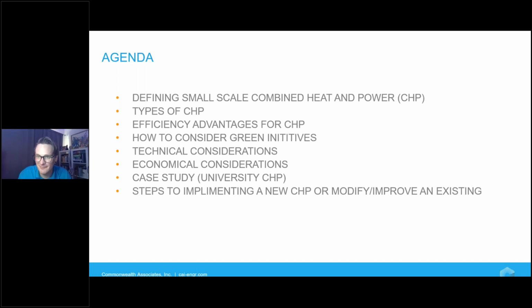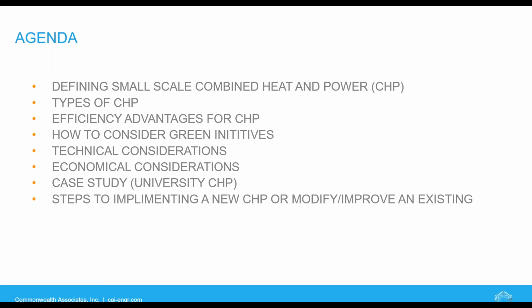Yeah, thanks again, Dale. Our agenda today, we'd like to start with defining what small combined heat power technology actually is. We'll discuss the different types of CHPs, and we'll then discuss the efficiency advantages for each CHP technology. After reviewing that, we will consider green initiatives and what green initiatives are out there and how clients can take advantage of the CHP technology.